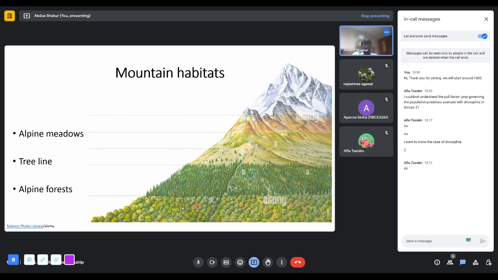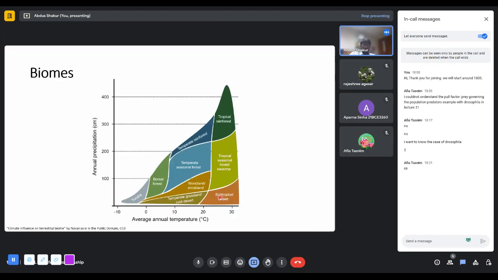Since tropical rainforests, as you see from this plot, need higher temperature and higher rainfall, but as elevation increases, the precipitation might decrease, or the temperature will surely decrease.